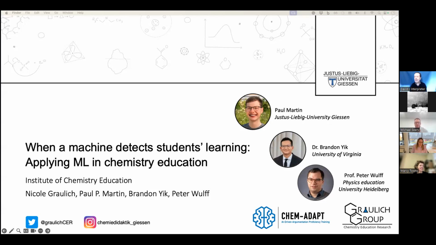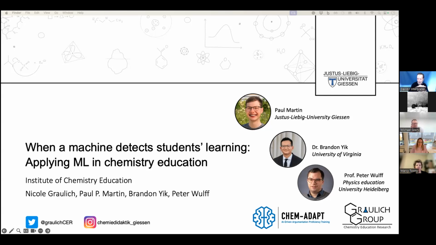As Michael said, we have started to look into the whole area of machine learning and using that in chemistry education research. So we'll take you today on that journey that we undertook about a year and a half ago. But I also have to say that I'm not the expert in that field.